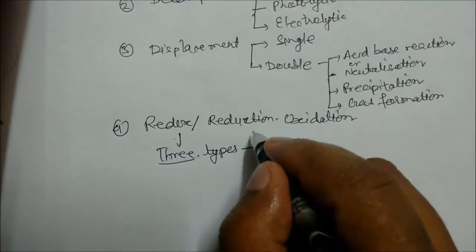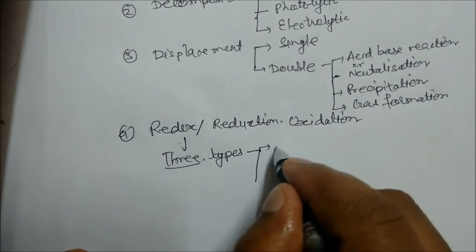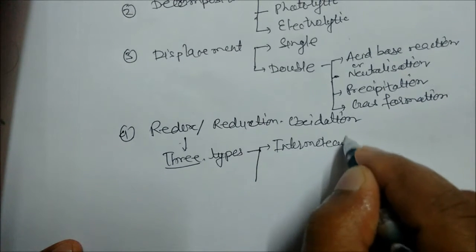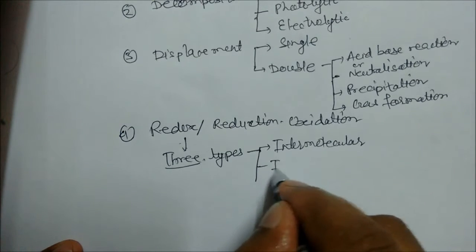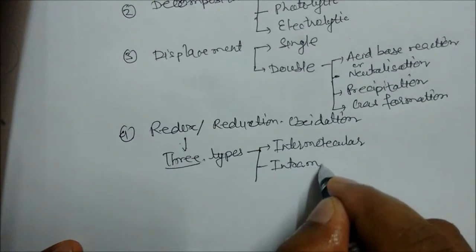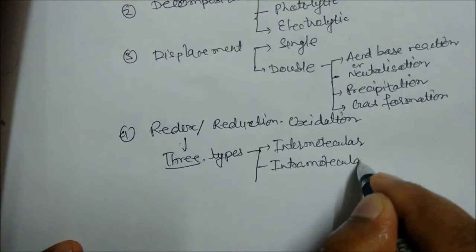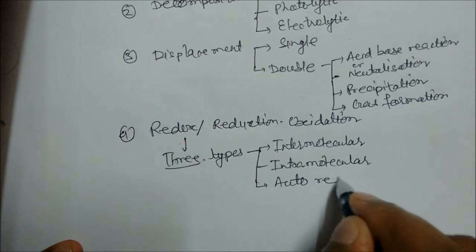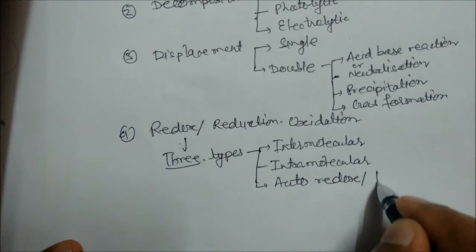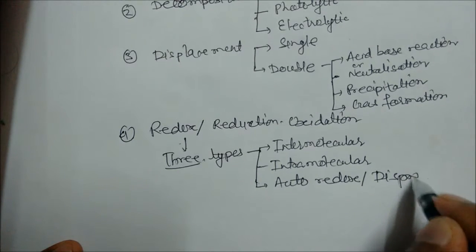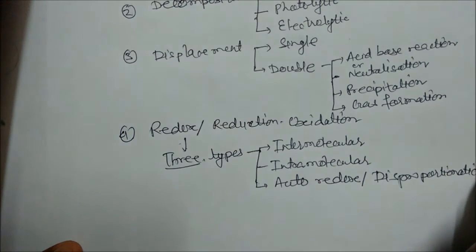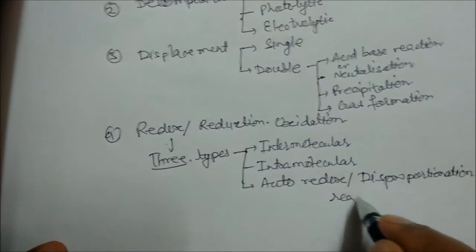These three types are intermolecular, intramolecular, and auto redox or disproportionation reaction.